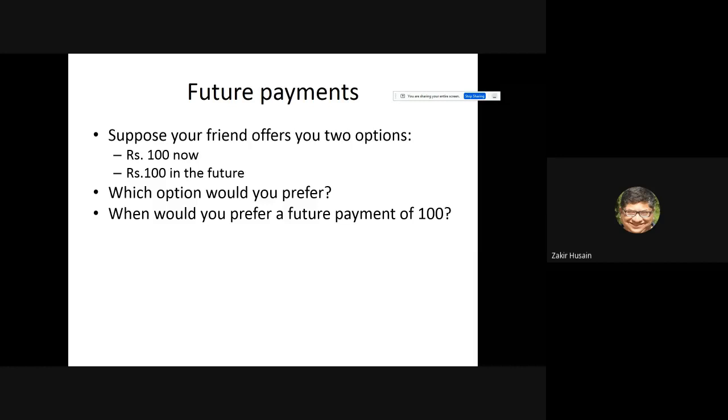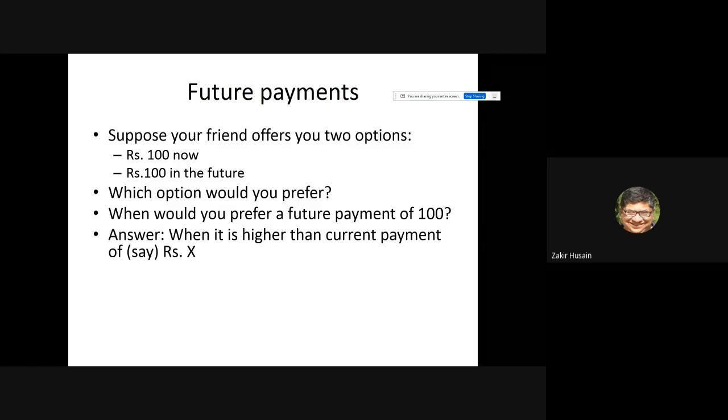But when will you prefer a future payment? Suppose the option is 100 now or a future payment. Or in other words, when will you prefer a future payment of 100 rupees? When instead of giving you 100 rupees now, he says, okay, I give you less. But how less?